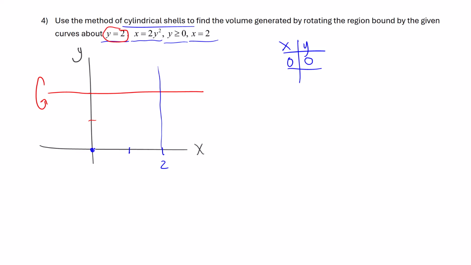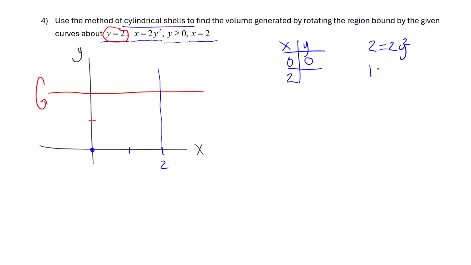So pick something else that's nice. Like, how about when x is 2, what is y? Well, if you plug in 2 for x, and I'm picking that because that's one of our boundaries, just to kind of see where things are, that would mean when x is 2, we'd have 2 equals 2y squared, just plugging it in.